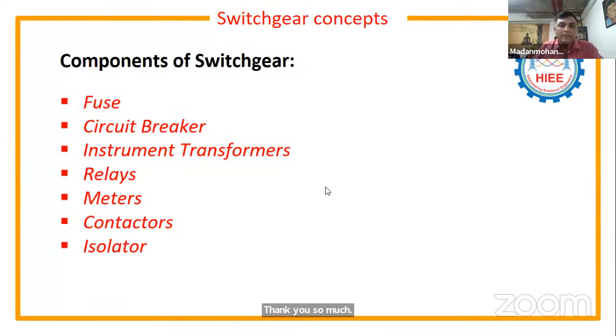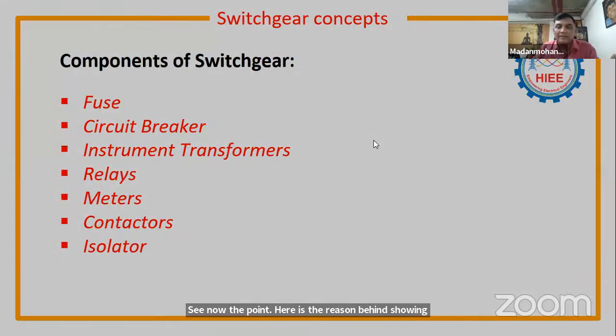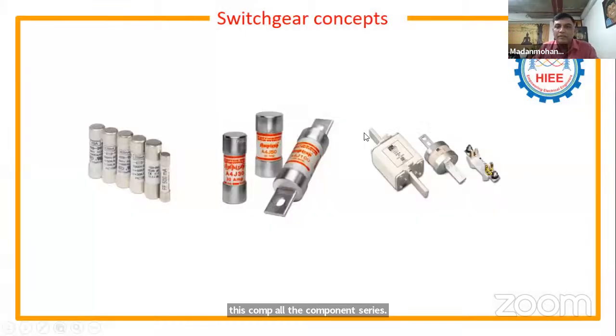Yes, guys. Okay. Now the reason behind showing all these components is that I just want to picture it. Can anybody tell me what this equipment is, guys? What is this component? Can you name it in the chat box?